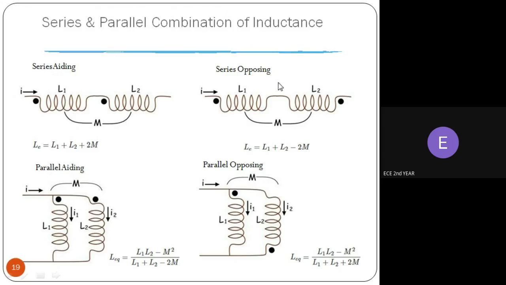The second combination is series opposing. Here L1 and L2 are two individual inductances connected in series, and here concentrate on the place of the dot. Current flows towards the dot in one inductor, and in the other, current leaves through the dot.